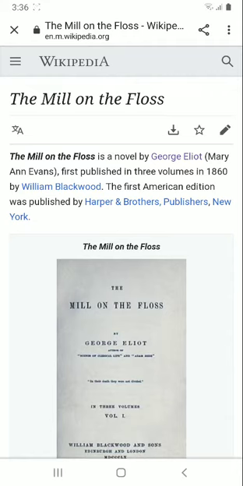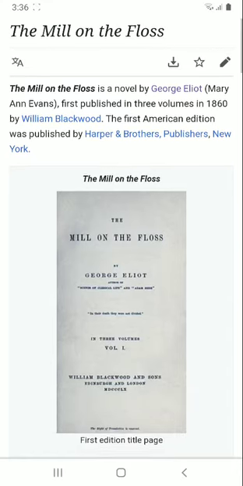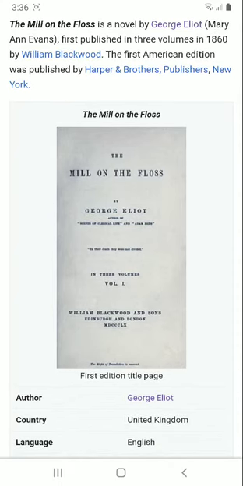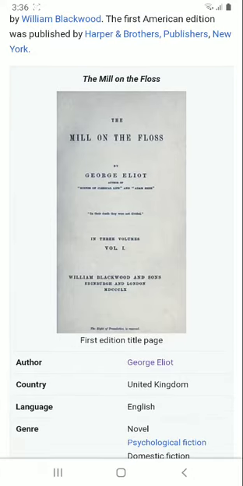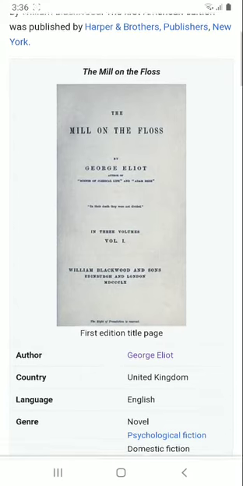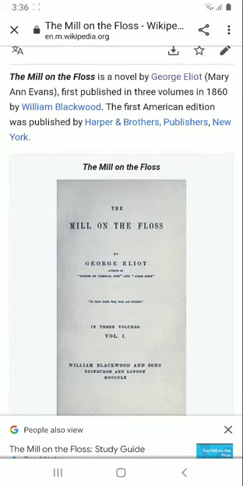Here you can see the first page of the novel, The Mill on the Floss, written by George Eliot. This book was divided into 3 volumes, and this is the volume number 1. This was published by William Blackwood.